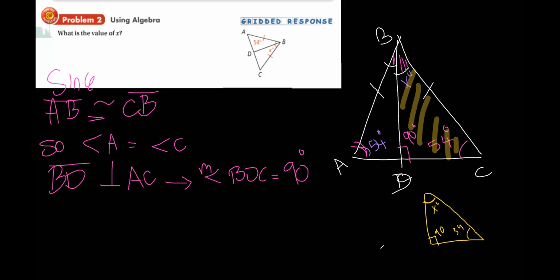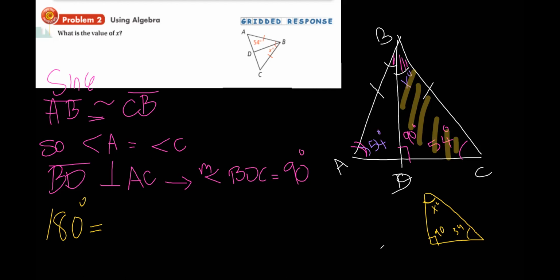How can I find it? Not supplementary. We say that because the summation of the angles in a triangle is 180. Supplementary is for a line only. This one is the summation of all the angles of the triangle.